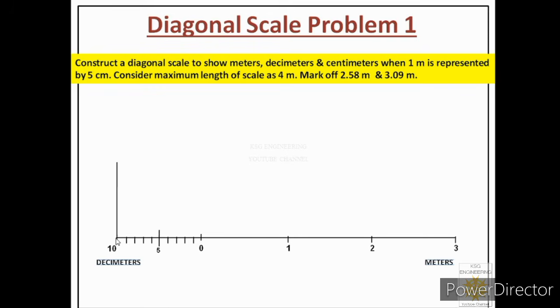If I take the length of one part as 0.5 centimeters, and I have to construct 10 such parts, then I have to construct the length of this line as 5 centimeters, because 0.5 into 10 gives a total length of 5 centimeters.